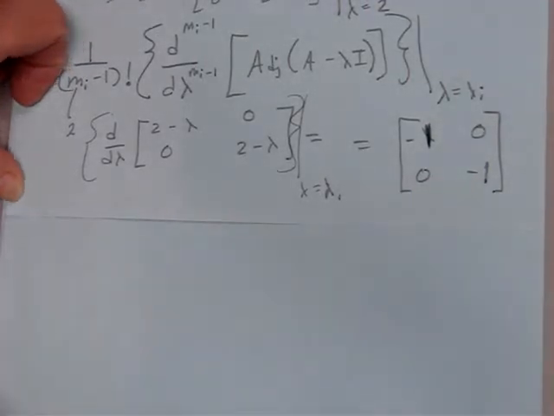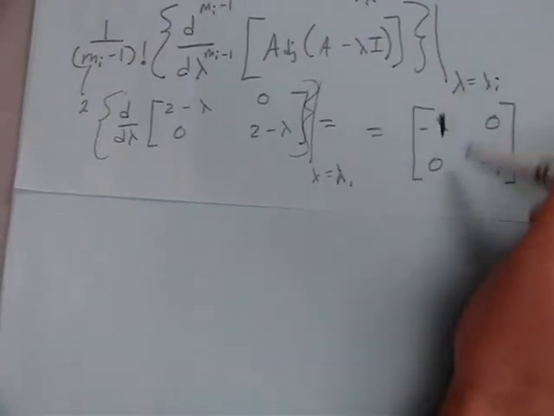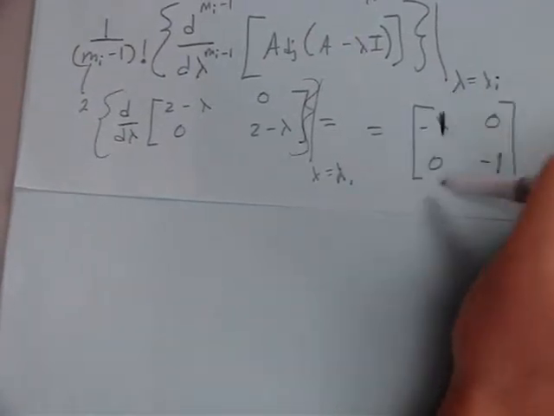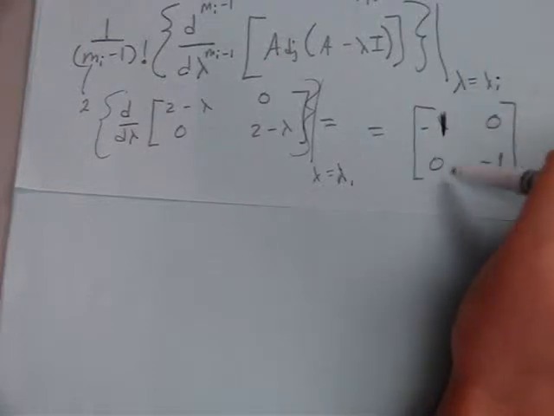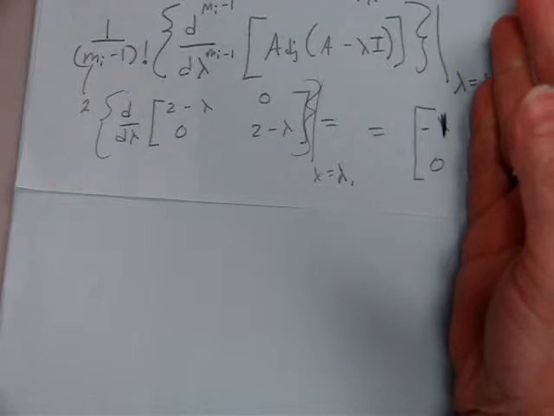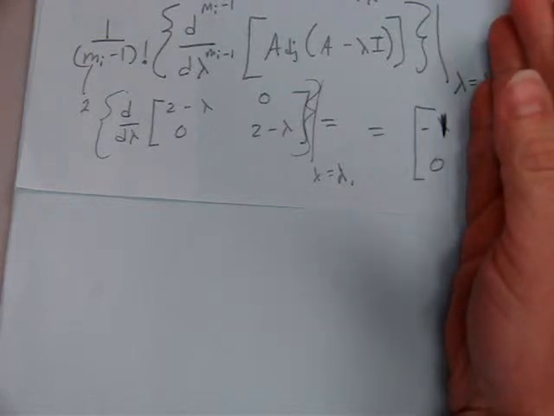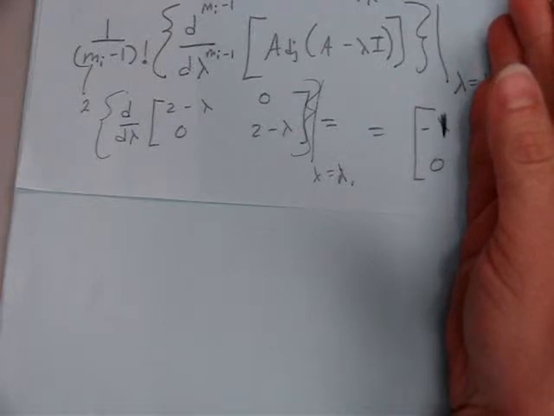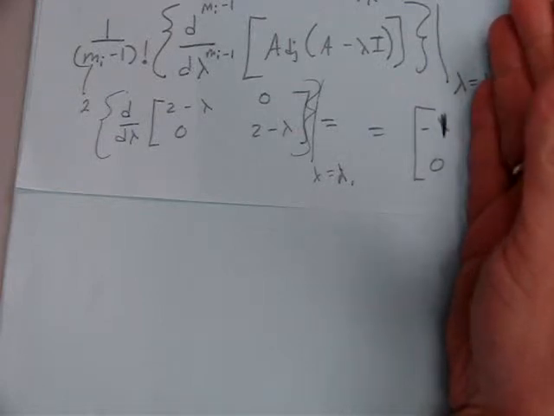So we get a matrix like this. Then we can look for linearly independent vectors inside this matrix to use as generalized eigenvectors. The first one we can choose is negative 1, 0. To make it a nice form, we could just make it a positive 1, 0. Remember, every scalar times the eigenvector is also an eigenvector.